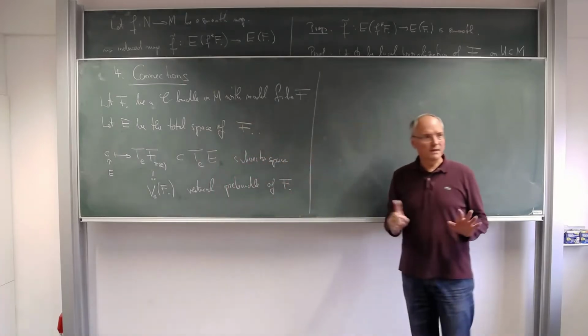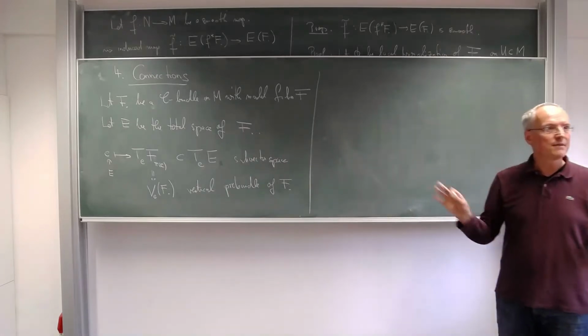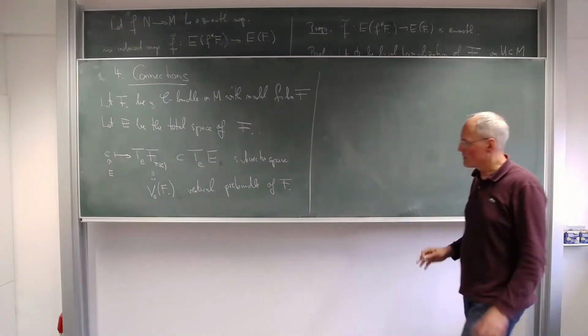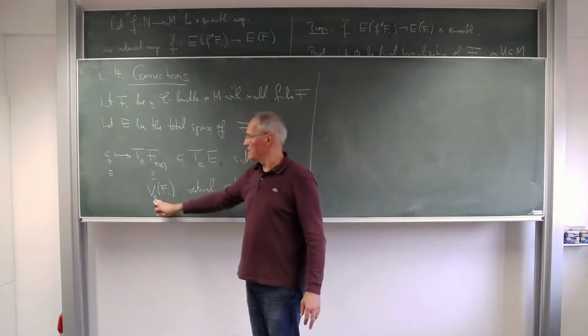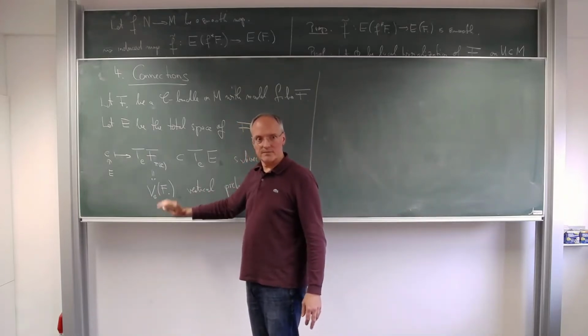Note that E need not be a vector bundle, right? E can be anything, a fiber bundle, whatever. However, what we get here is a vector bundle, because this is a vector space.